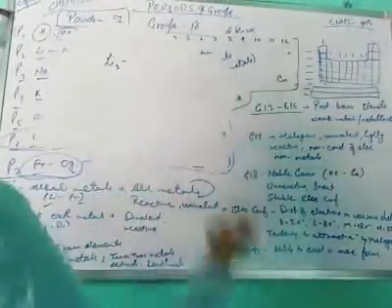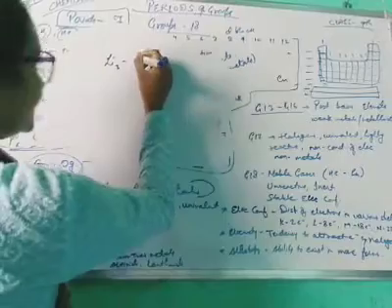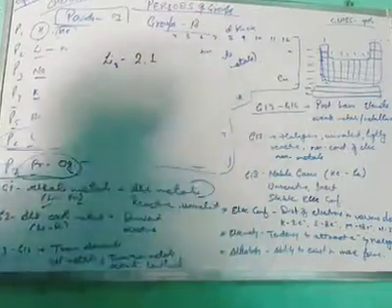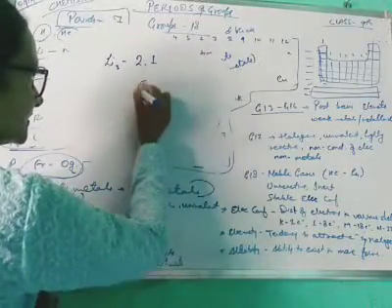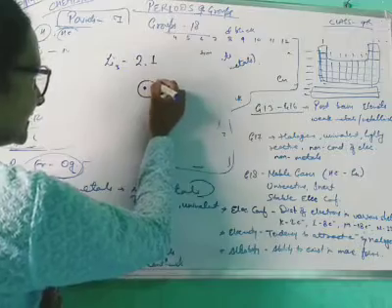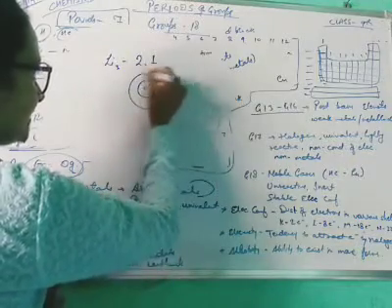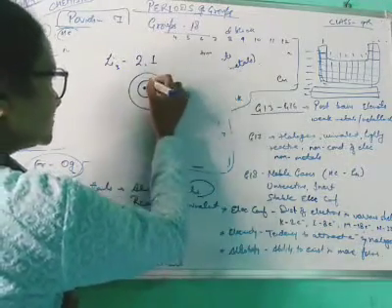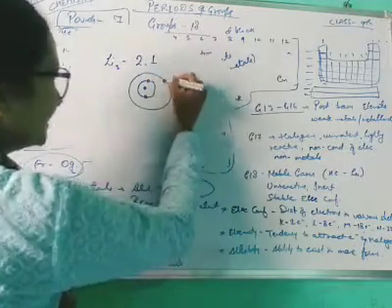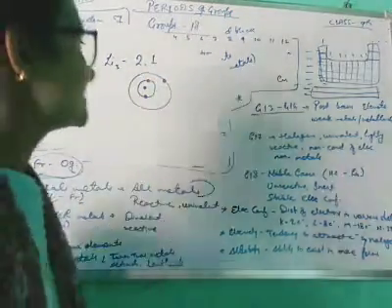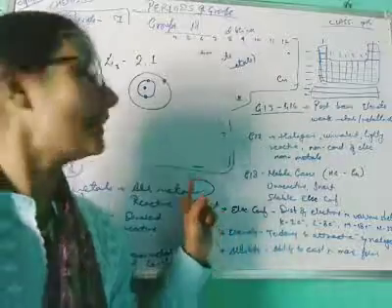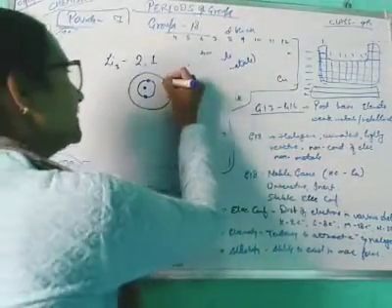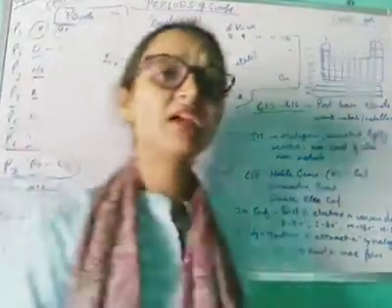If we go through its electronic configuration, it will be 2, 1. So this is the nucleus. This is the first shell, that is the K shell. Second one is the L shell. So there are 2 electrons here and 1 electron here. So lithium has 3 electrons. So this one is the extra electron.